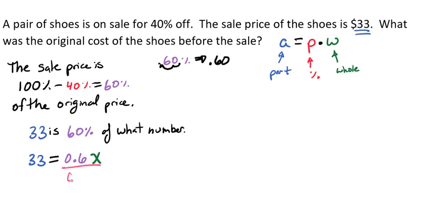To solve this, we divide both sides by 0.6. That tells us our whole amount. We plug in 33 divided by 0.6 in our calculator, and we get a value of 55.